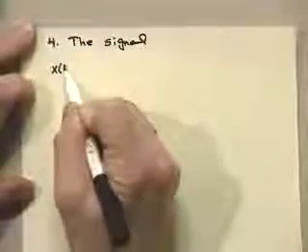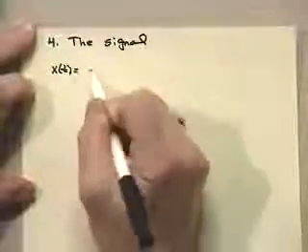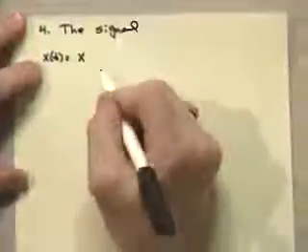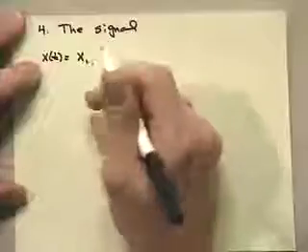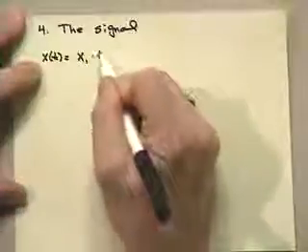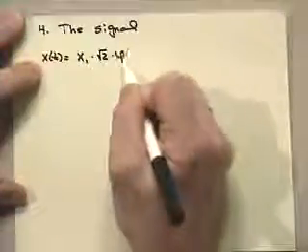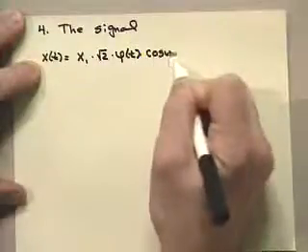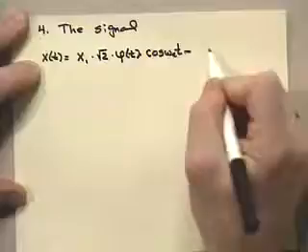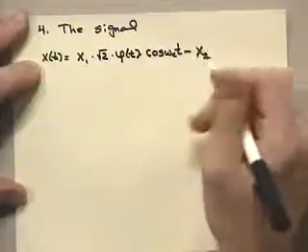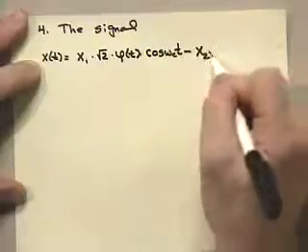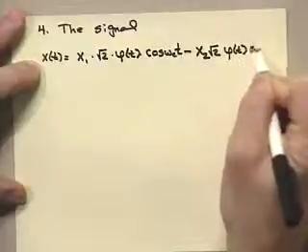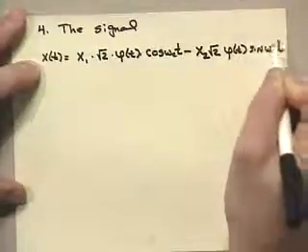x of t, you remember back from 2 lectures ago, we talked about the QAM signal, which looked something like this. It had a first dimension times square root of 2 times phi of t times cosine of omega ct minus a second component from the constellation, square root of 2 phi of t times sine of omega ct.